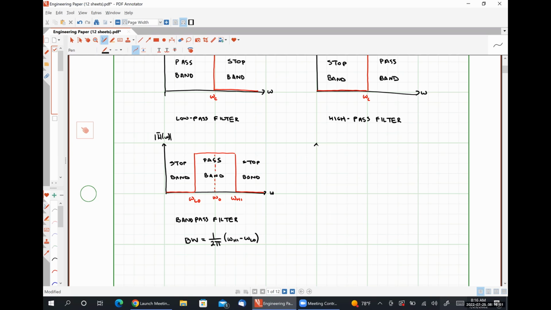Our last of our 4 classifications of filters is also a combination of a low pass filter and a high pass filter, and it is the opposite of the band pass filter.